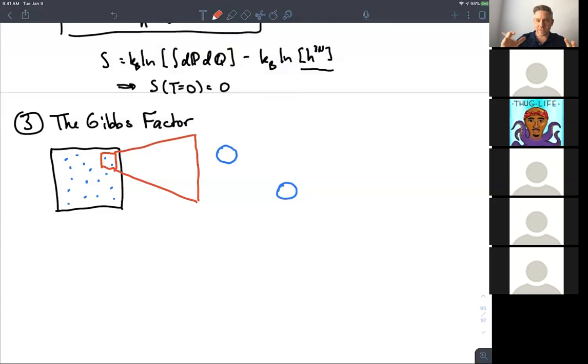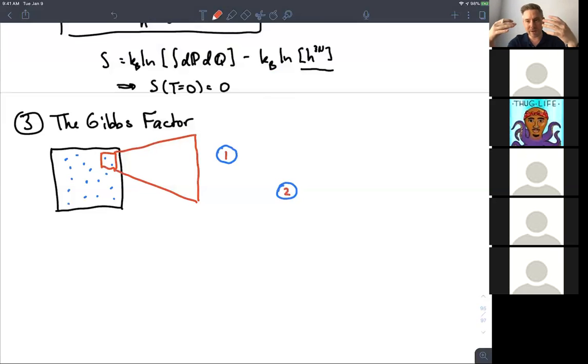In the classical idea of a gas, you think of the gas as being made up of a bunch of little balls, and in principle, you can go and grab one of these little balls and paint a label on it. So, for example, I could put a label on this ball that says it's ball number 1, and I could put a label on this one that says it's ball number 2. Okay? So in principle, you can distinguish between the two balls or between any of the atoms in the gas.